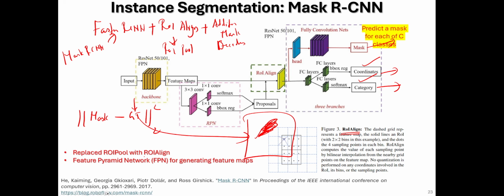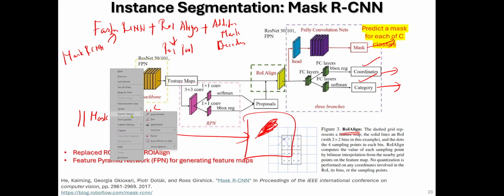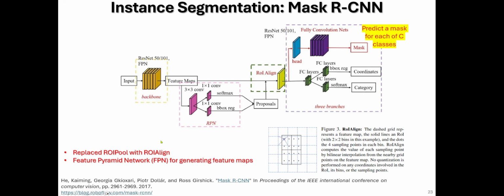This is human annotation. Okay, I think we didn't discuss, apologies for this, during the semantic segmentation class, but this is what it is all about. I hope it's clear.